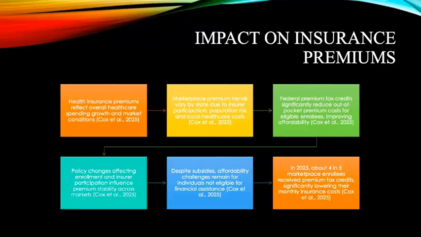Now, federal premium tax credits significantly reduce out-of-pocket premium costs for eligible enrollees and improve affordability. Now, in 2023, approximately 4 out of 5 marketplace enrollees received premium tax credits, substantially lowering their monthly insurance costs.